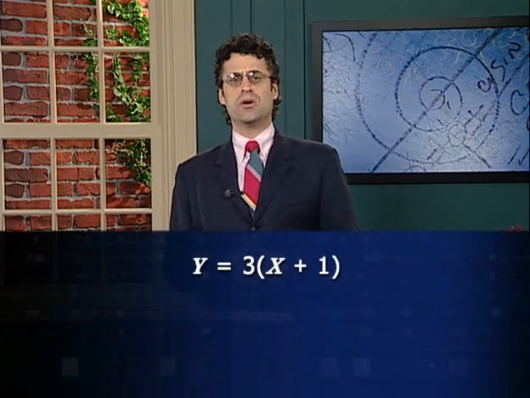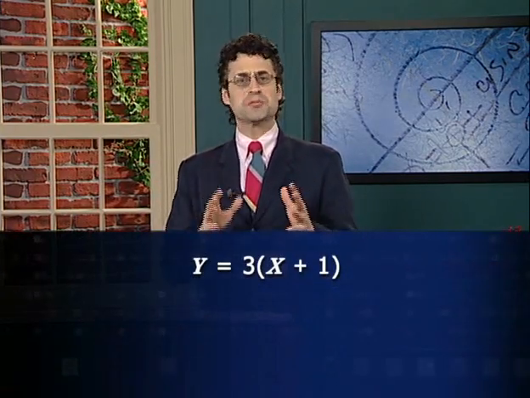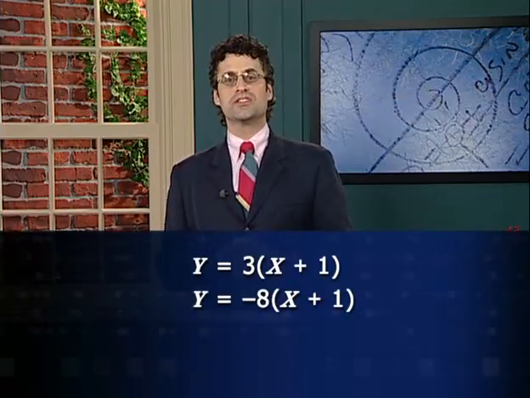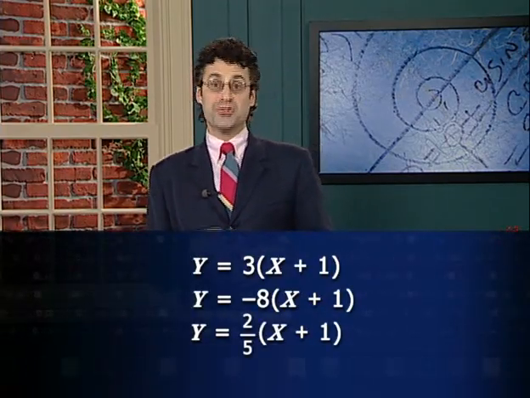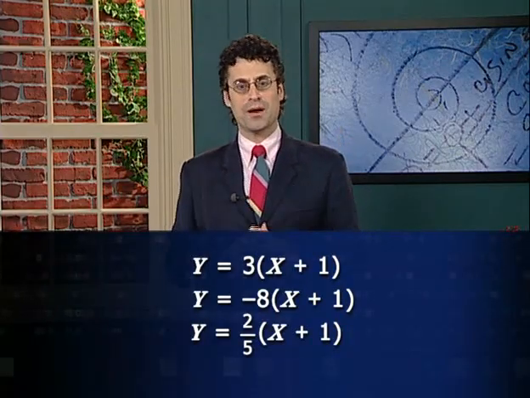While the equation of the unit circle involves squares, x squared plus y squared equals 1, the equations for the straight lines that we're going to consider look like y equals 3 times x plus 1, or y equals negative 8 times x plus 1, or y equals 2/5 times x plus 1.